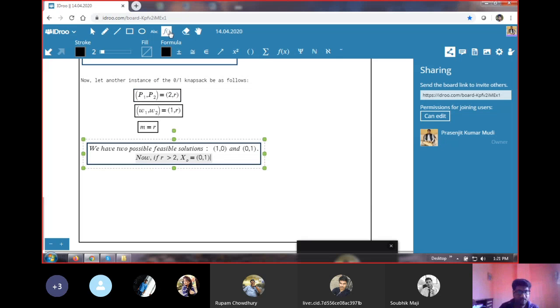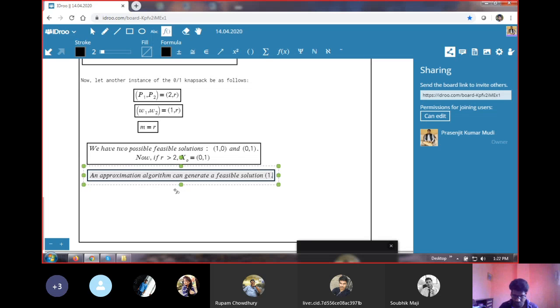So from this case we can understand that you have designed some approximation algorithm, and that algorithm generates a feasible solution, either 1 comma 0 or 0 comma 1. So an approximation algorithm can generate the solution 1 comma 0, but that is not optimal.